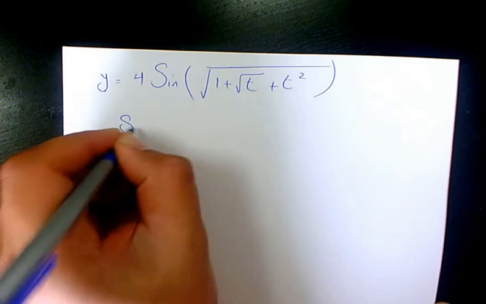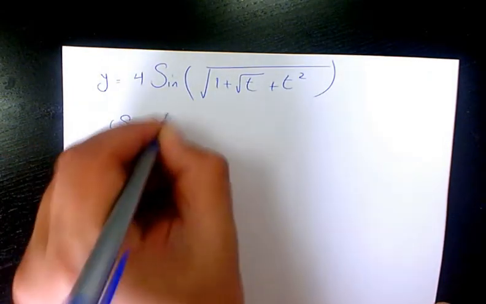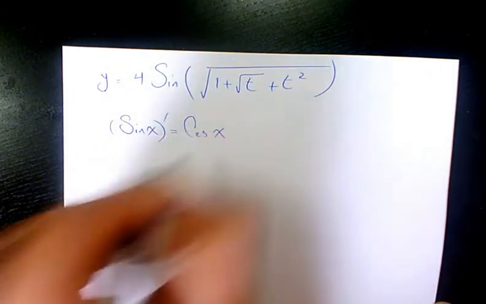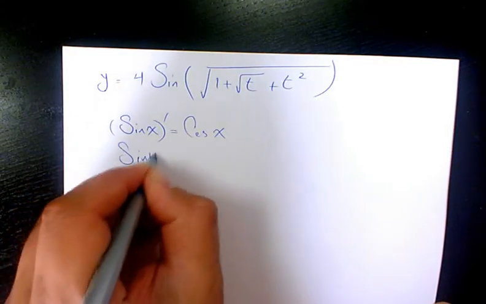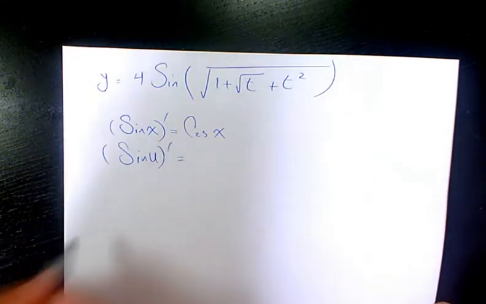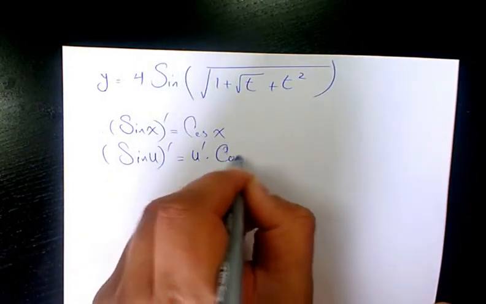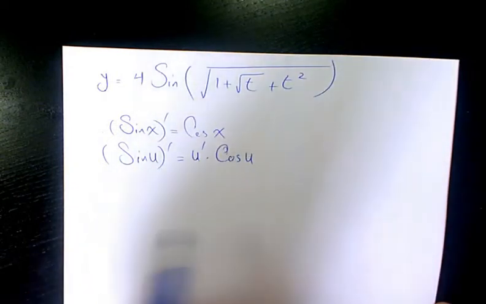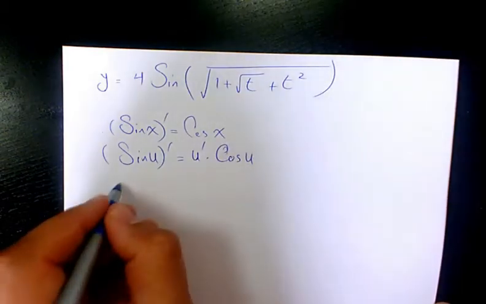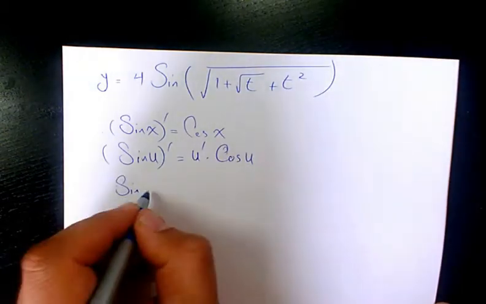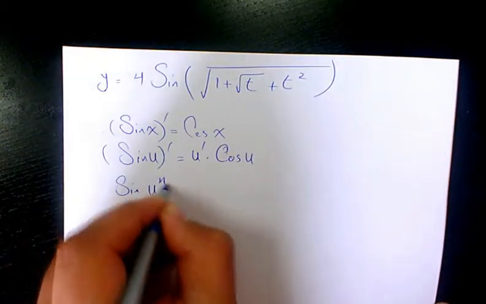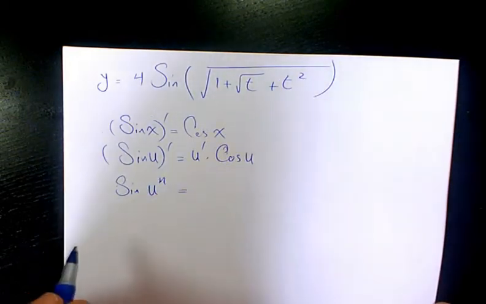The derivative of sine x we know is cosine x, and the derivative of sine u is going to be u prime cosine u, when u is a function of x. Right now we have something like sine of u to the power of n. How do we do that?